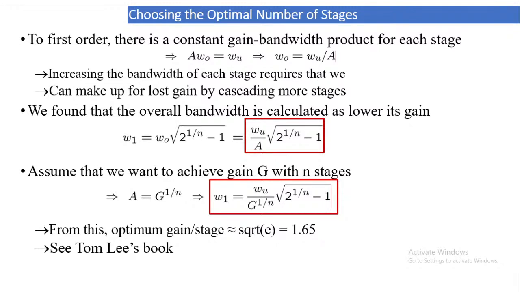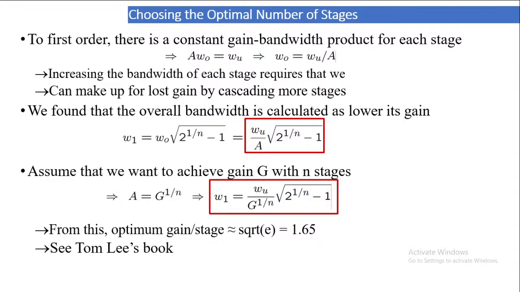This means that to increase the bandwidth of each stage, we can make up for the lost gain by cascading more stages. Once you increase the bandwidth, gain will be lost, and that we have to make up.